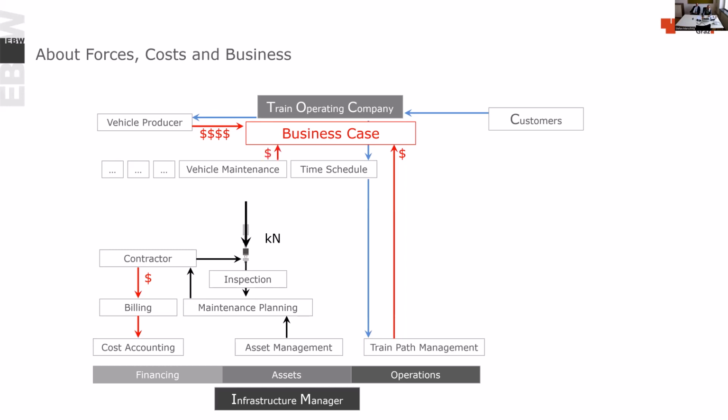There is a lot of costs going inside that business case. And then there are the revenues because the customers pay for it. And in the case the train operating company sees that this business case works, so they will make profit, then they would run the train.